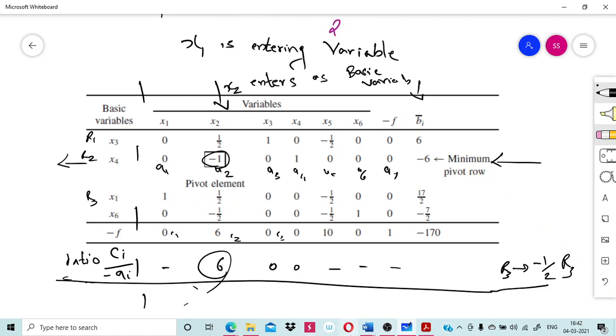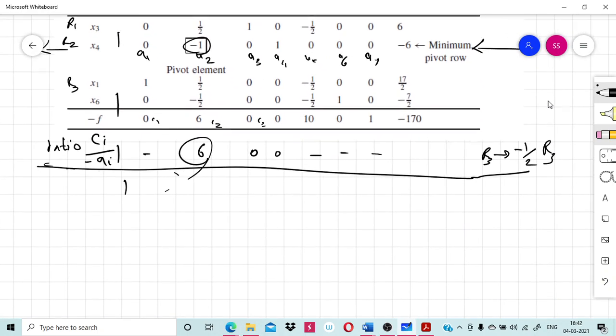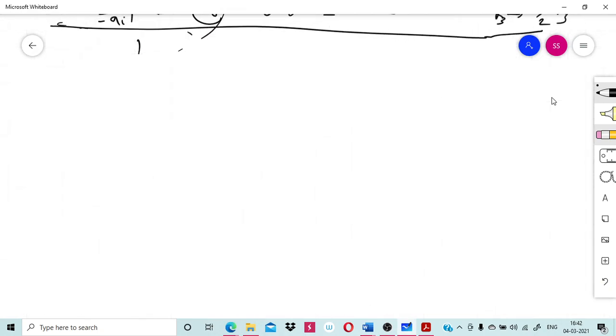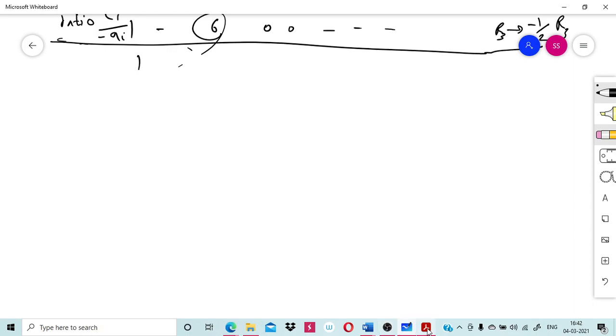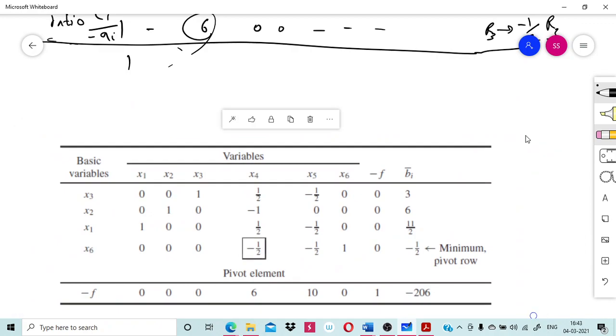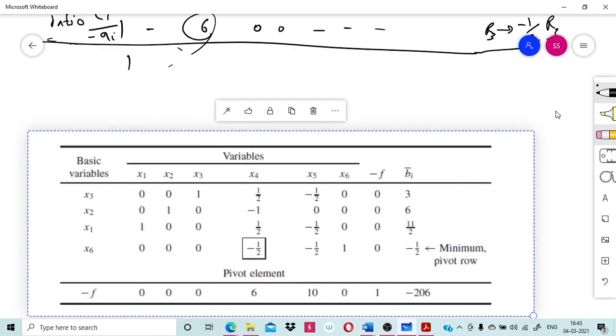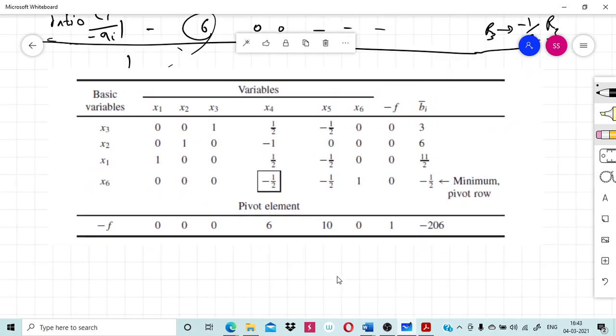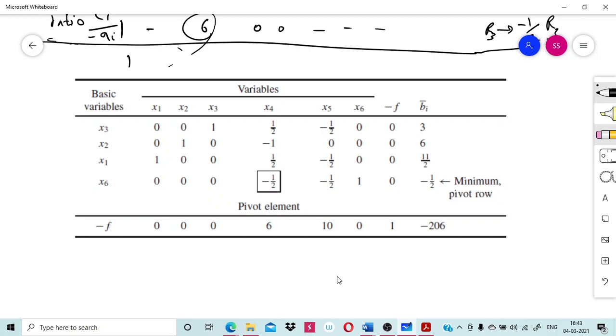After doing all those operations, you will get this table, in which x2 enters and x4 leaves. So this is our new table.